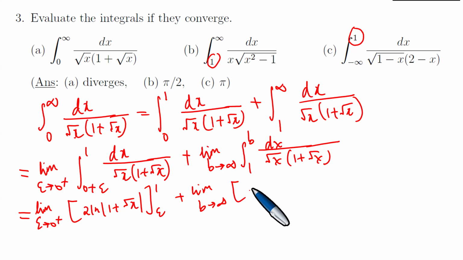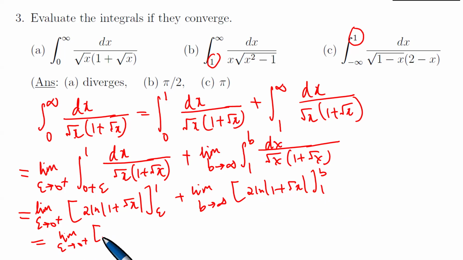When you get to this point, this one, you already know the integral is 2 ln of 1 plus the square root of x, from 1 to b. At this point, you substitute everything, and you have the limit as epsilon approaches 0 from the right.